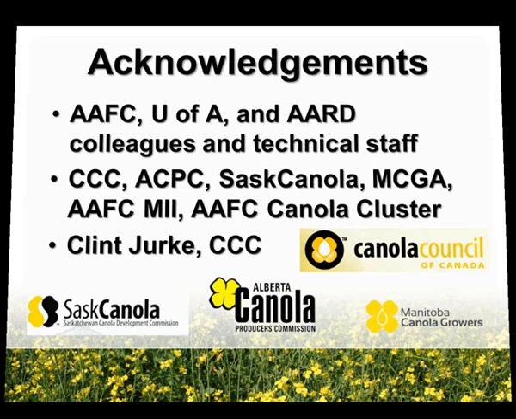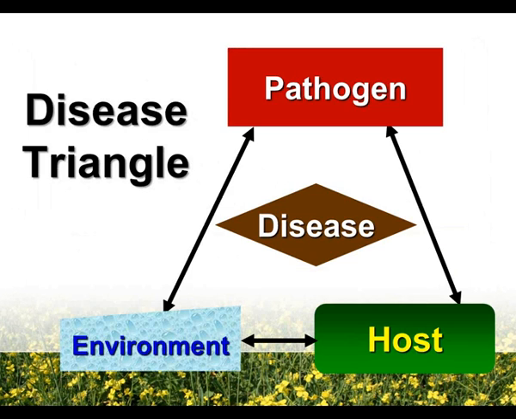Now, if we look at plant disease, I think this is a nice starting point. If we look at development of damaging levels of plant disease, you really need a virulent pathogen in sufficient quantity. You need a host that's susceptible and has a reasonable yield potential, and you need a favorable environment. If these 3 factors interact and are optimal for disease development, you have the production of damaging levels of disease.